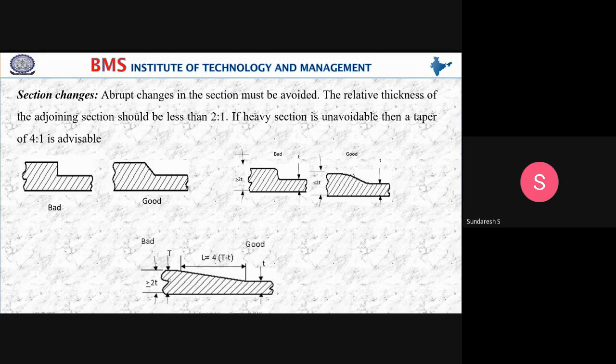And here also, see how they have changed it. So these are all the ways you are supposed to see. This is bad. So how can they change the sections, the abrupt changes in the sections. This is always the way you are supposed to design the components.